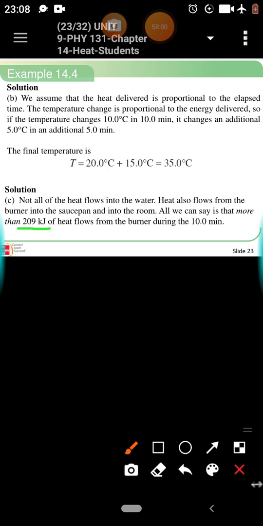Because we know for a fact that not all the heat flows into the water, more than this actually flows from the burner during the 10 minutes. This is just a fraction of that heat; some goes to the water, and the rest goes somewhere else. So we are able to calculate the part which went into the water.